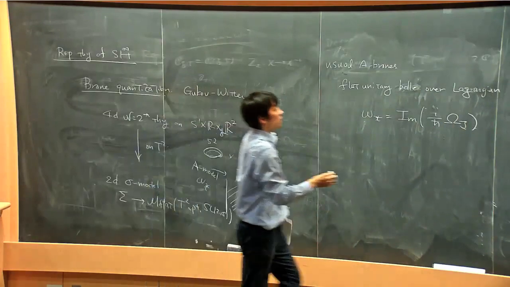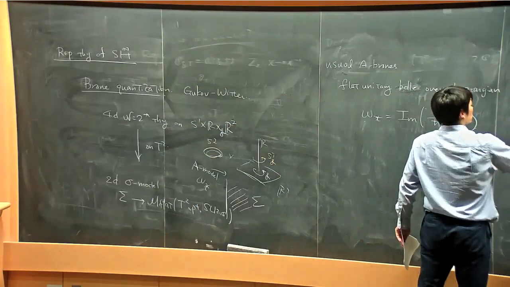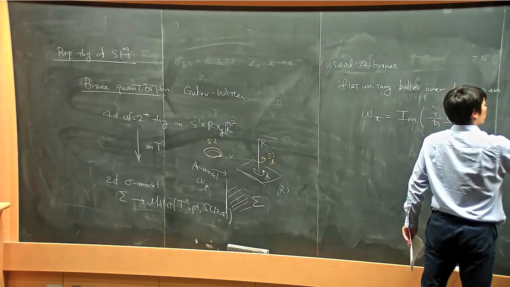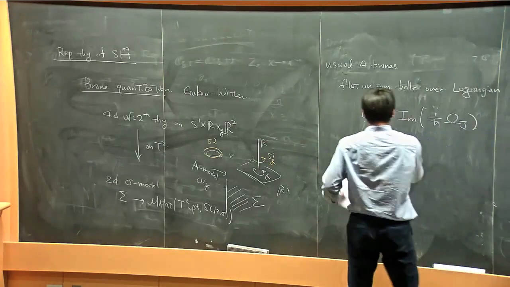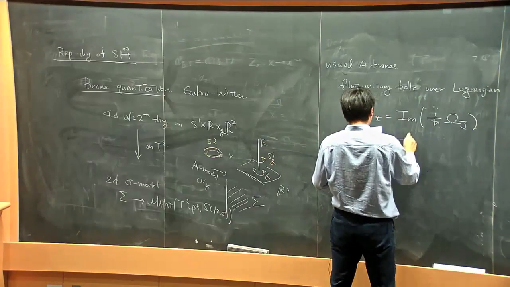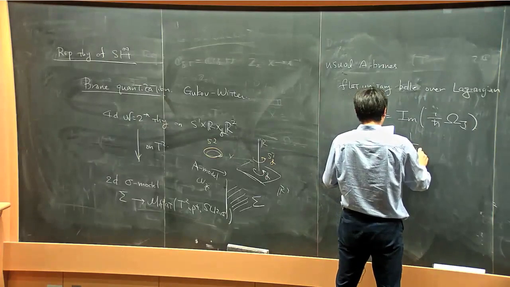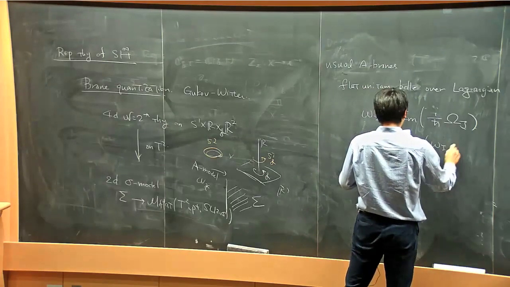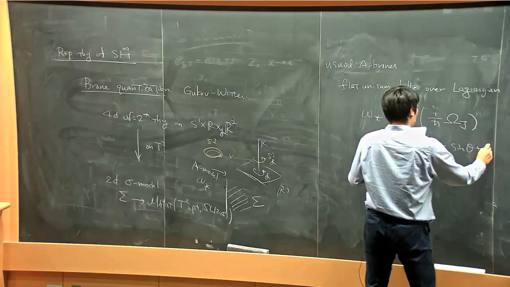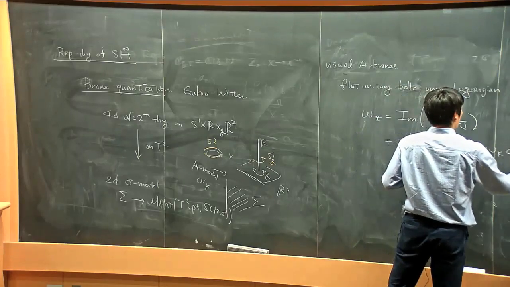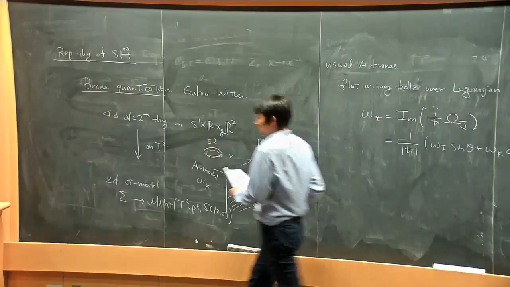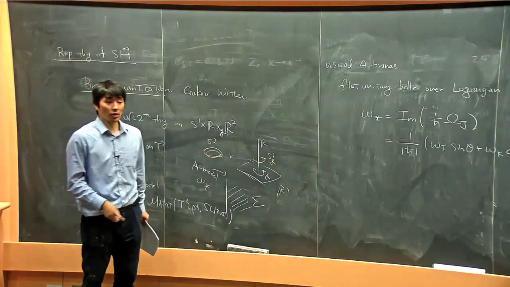If you write h bar as its absolute value times e to the I theta, this is indeed equal to minus 1 over |h bar| times omega I sine theta plus omega K cosine theta. So this is the symplectic form I'm interested in.